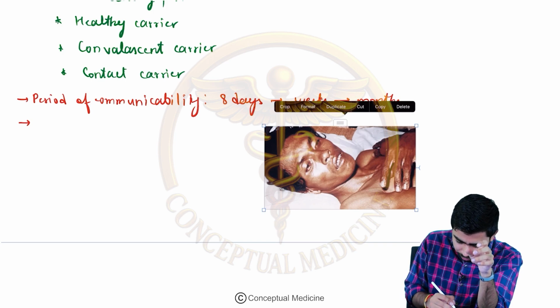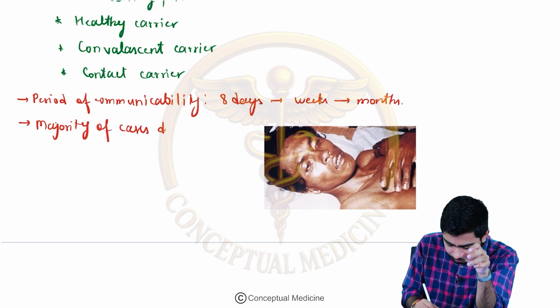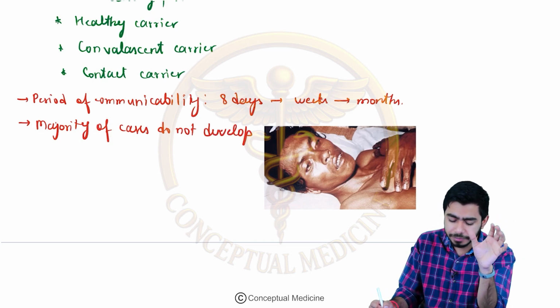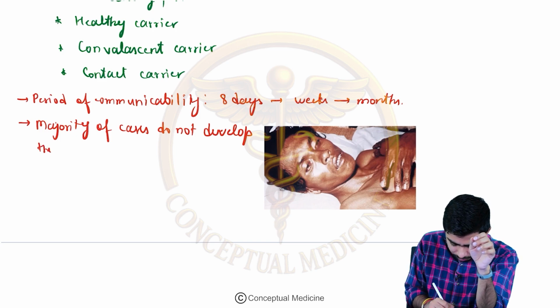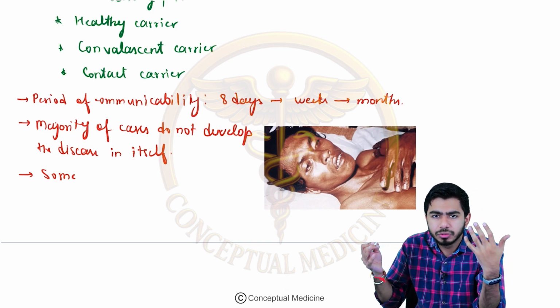So what I said is that in the majority of cases, they do not develop the disease in itself, but the category who will develop the disease will have the severe diarrhea. Some cases might develop into severe illness.